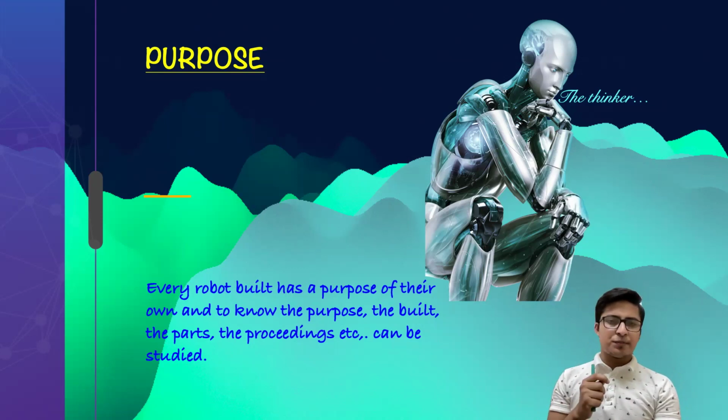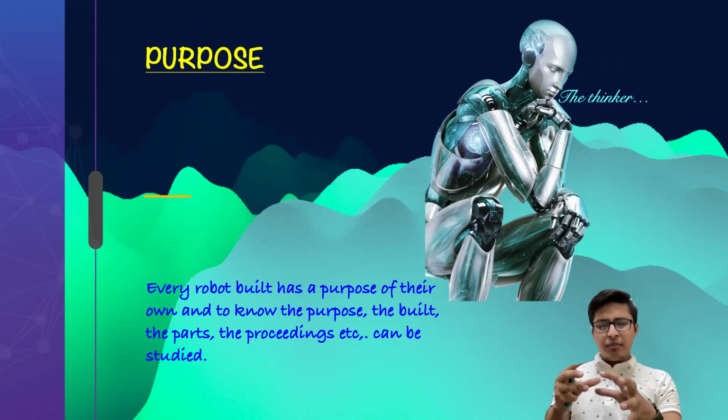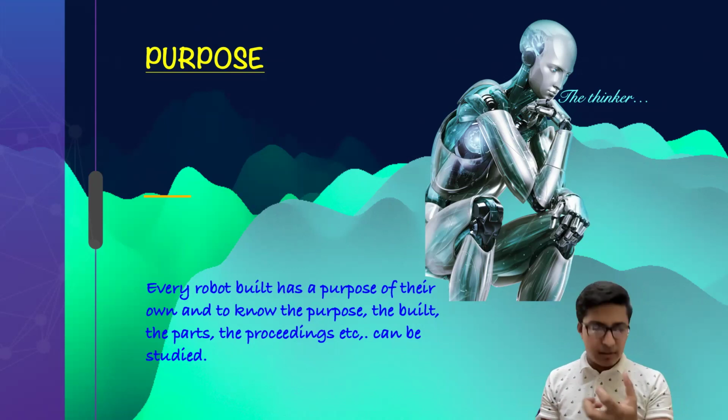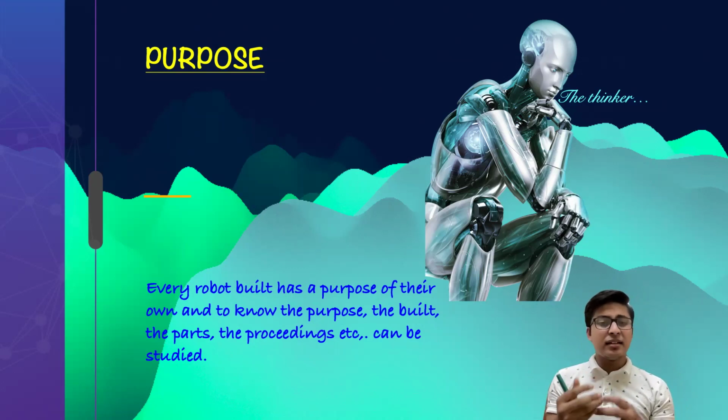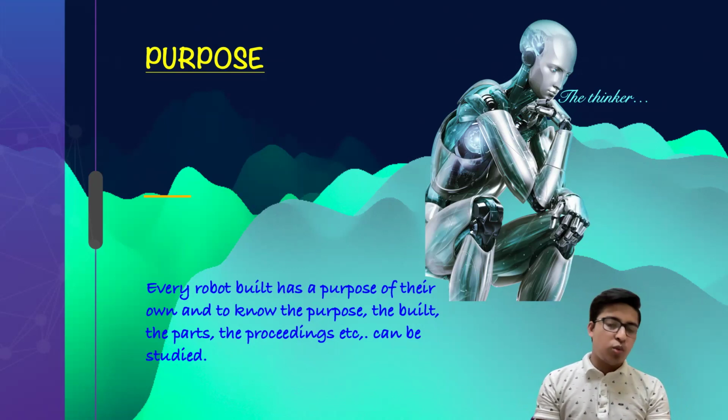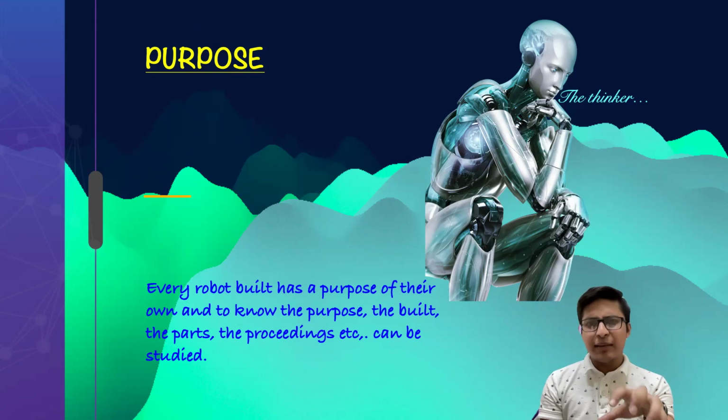Now try to understand, dear students, when a task related to human effort is being done, there is always a life hazard. Going inside the ocean, tackling the tremendous pressure, there is always a life hazard associated with it, right? So why not make a robot who can travel to the depths of the ocean and tackle that pressure?